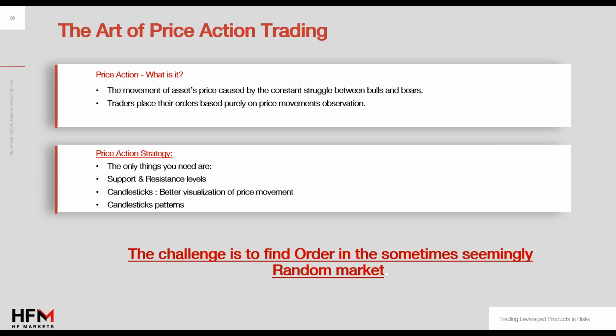Second, we said that in price action, what we observe is solely the charts, solely the movement. So, by observing solely the movement, what do we need in order to take a decision and enter the market? We need two essential things: support and resistance levels.